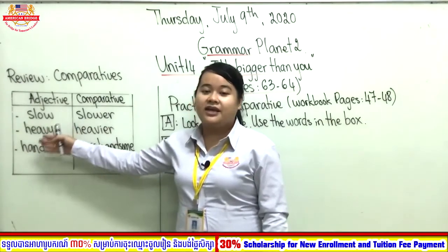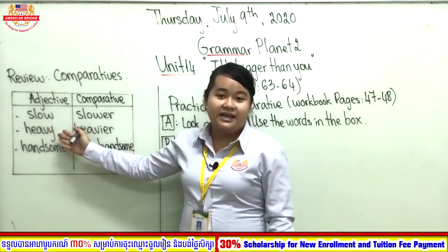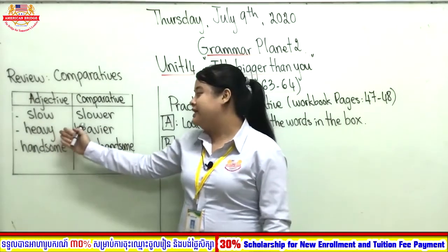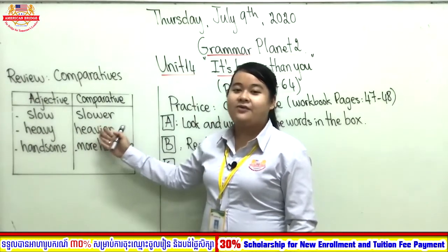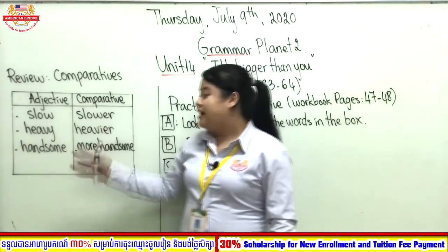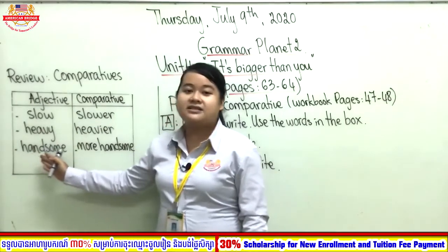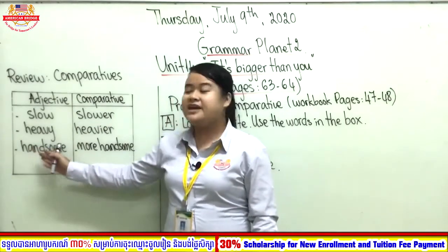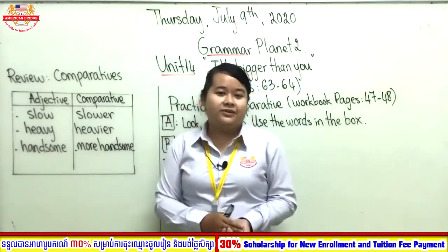And move to another one, heavy. So as you know already, heavy is a word that ends with y. So we need to change y to ie. So heavy, heavier, right? Okay, so now let's move to another word, handsome. Handsome, how many syllables, everyone? Great.